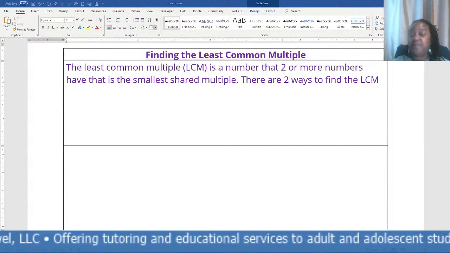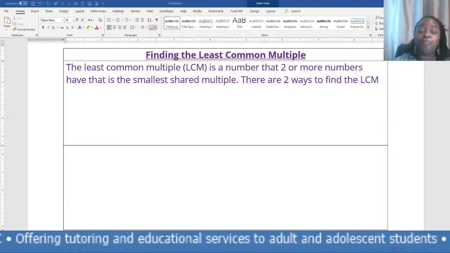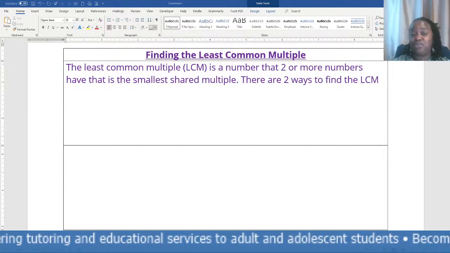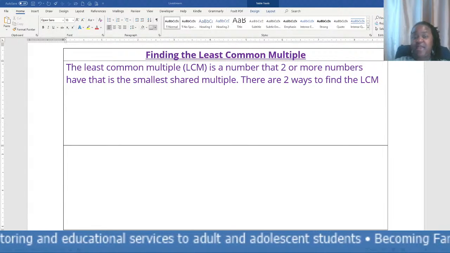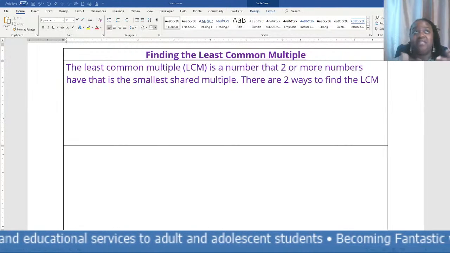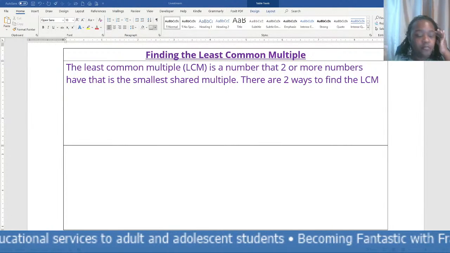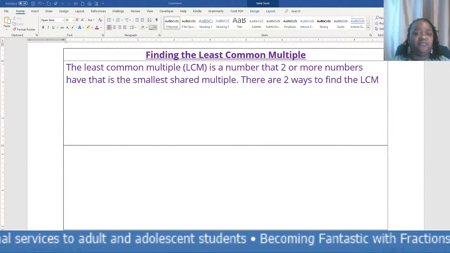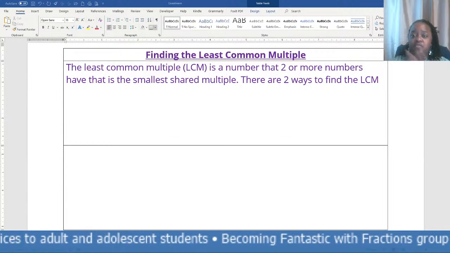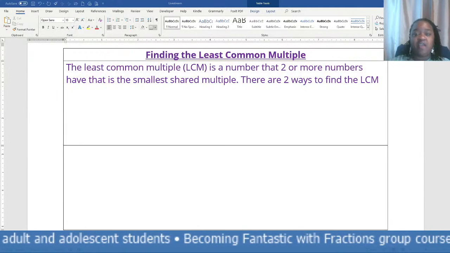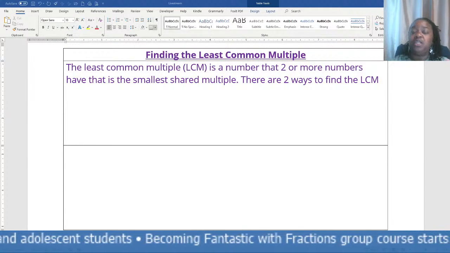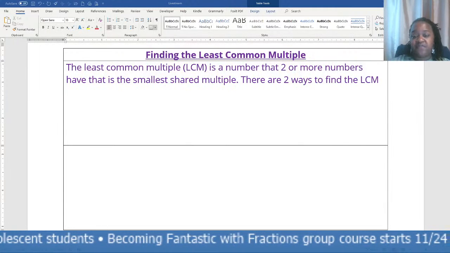It's almost like skip counting. When I was in school, we called it counting by 2s, counting by 5s. Now they call it skip counting. So if you skip count by 5: 5, 10, 15, 20, 25. Those numbers are the multiples of 5.